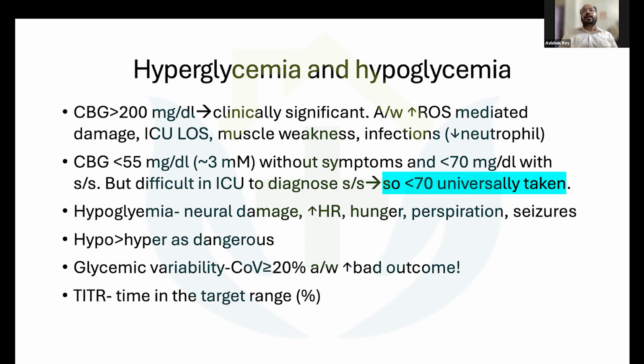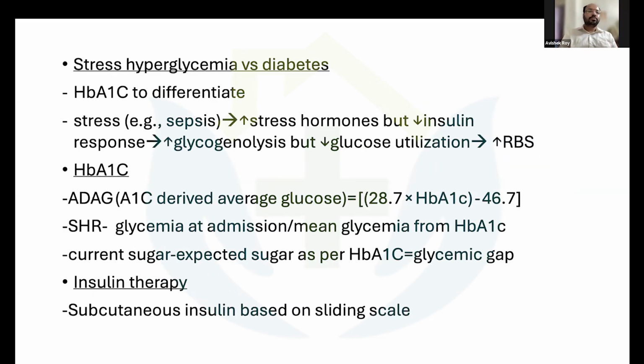It should be somewhere between 65 to 70%. I've not mentioned this in this slide, but it should be between 65 to 70%. So 70% of the time, your blood sugar level should be bang on between the target levels. If you're away from that, your patient is going to get hurt. So these are all the variations of sugar management that we have to take into account.